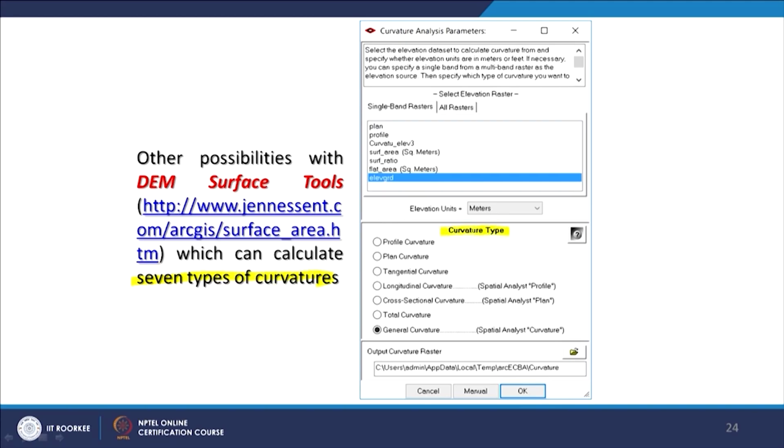As you can see, the curvature types are: profile curvature, plan curvature, tangential curvature, longitudinal, cross sectional, total curvature and Gaussian curvature. It also tells what the requirements and other things are. So again, the tools may not be there, but on this site they have developed a tool which allows all kinds of calculations very easily.